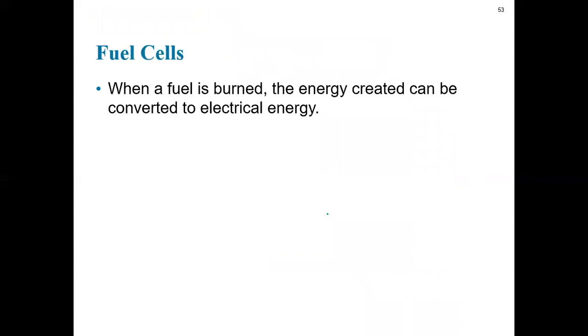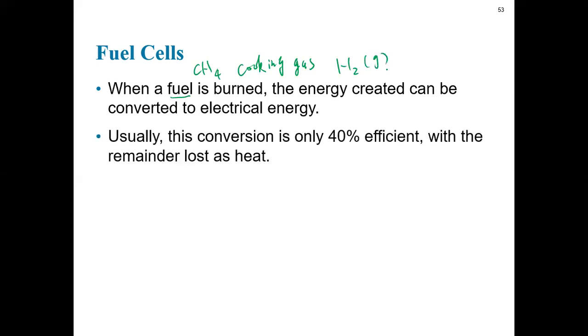For fuel cells, what is the fuel? Like the fossil fuels. In some people's kitchens, they use cooking gas or methane. Obviously, you can use that directly without burning it. Another fuel for the fuel cell is hydrogen gas, and it is much more efficient.